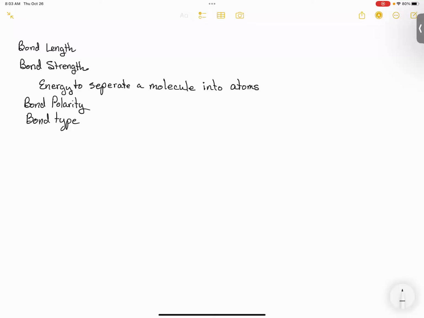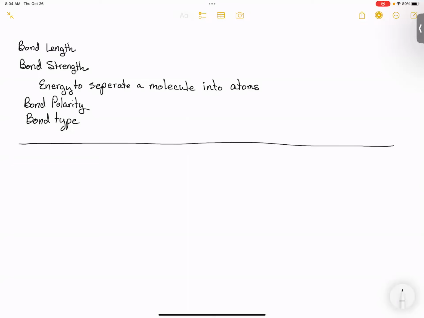Okay, if not, we're going to get into the material for this morning, which is going to be this concept of bond lengths, bond strengths, bond polarity, and bond type. So the first thing is, let's talk about the bonds that we've discussed.